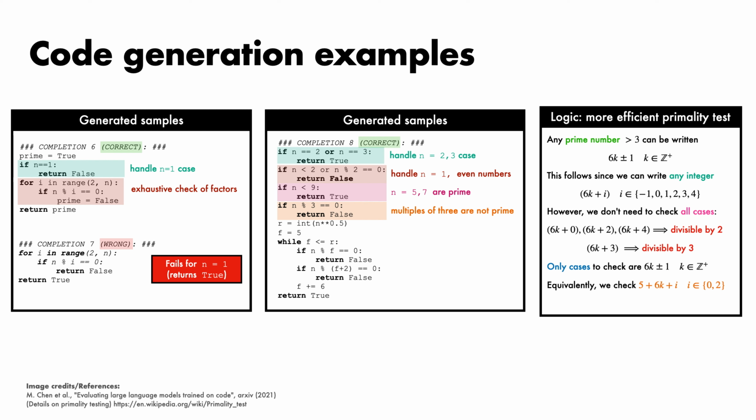Note that by only checking values with this form up to the square root of n, we are 3 times faster than checking all numbers for primality up to the square root of n. Jumping back to the generated function, we observe that the last block implements this logic, testing the primality of all numbers up to the square root of n with the form 5 plus 6k plus i for i taking a value of 0 or 2.